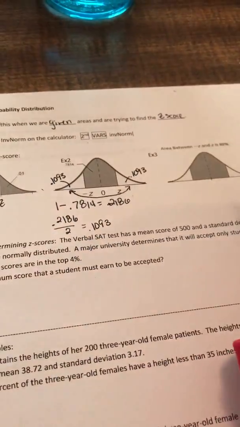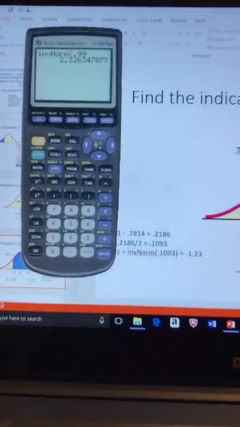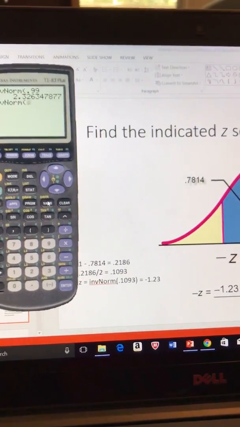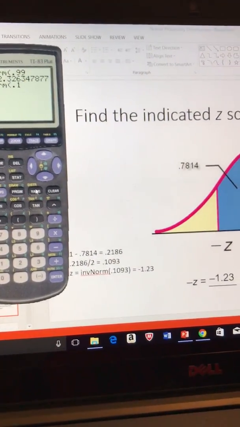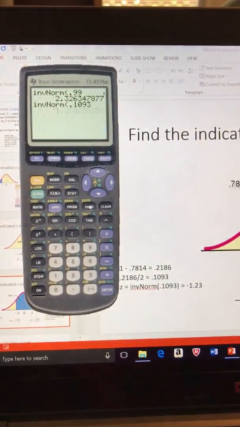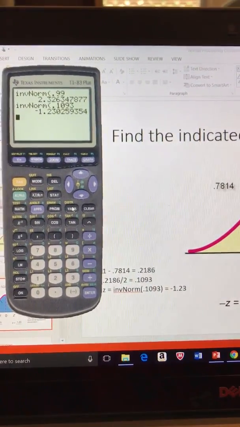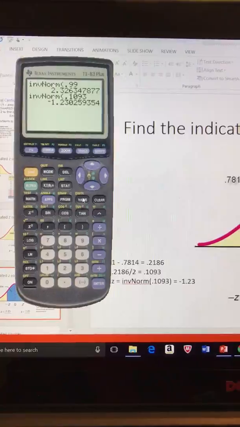So you could go through on your chart and look for 0.1093 if you wanted, or you can do inverse norm on the calculator. 0.1093, and that gives you negative 1.23.